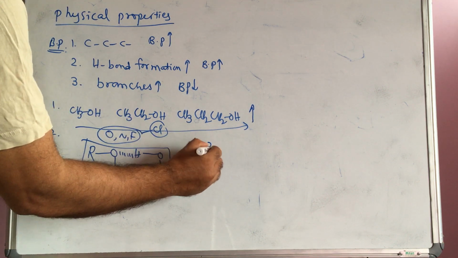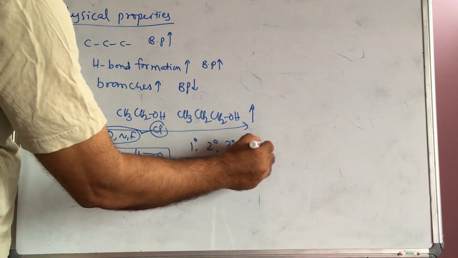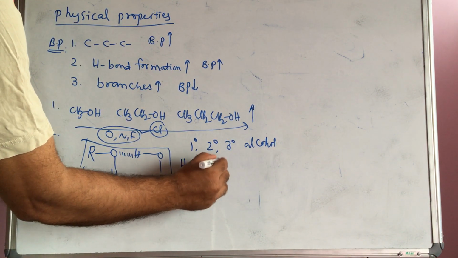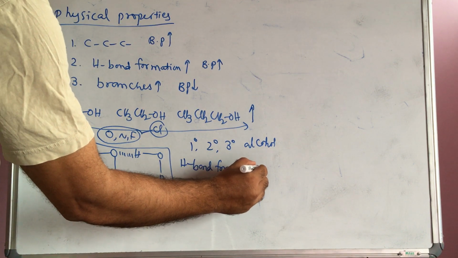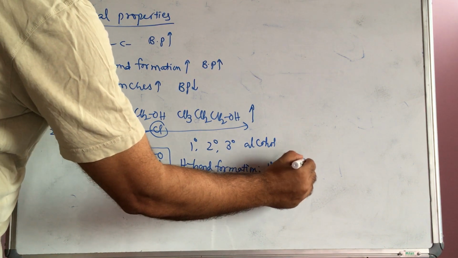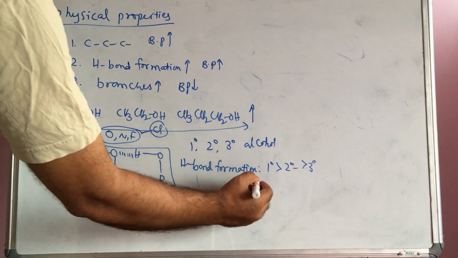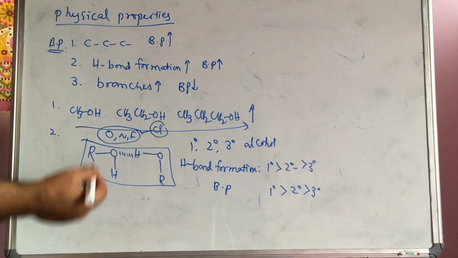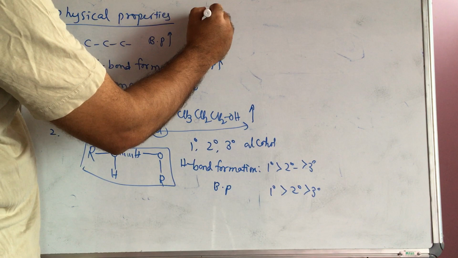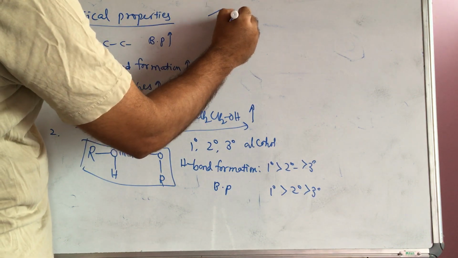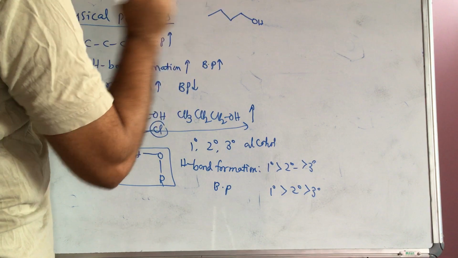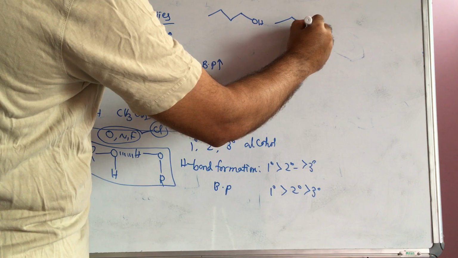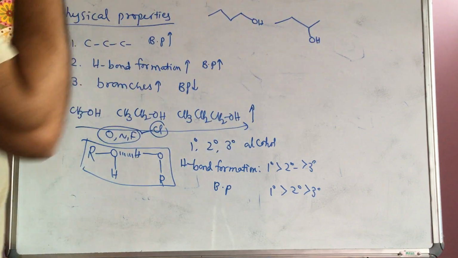Therefore, for primary, secondary, tertiary alcohols, the hydrogen bond formation order is primary alcohol, secondary alcohol and tertiary alcohol. That's why the boiling point order is also primary alcohol, secondary alcohol, tertiary alcohol. If you take the example, this is butanol, 1, 2, 3, 4. This is called, like this, secondary alcohol.